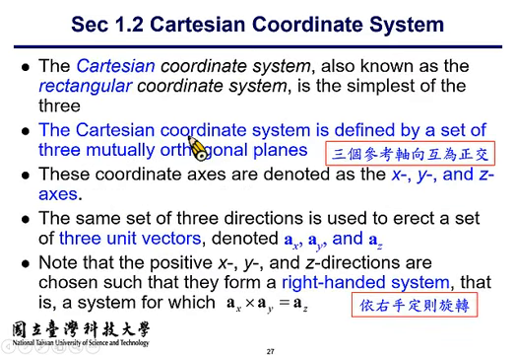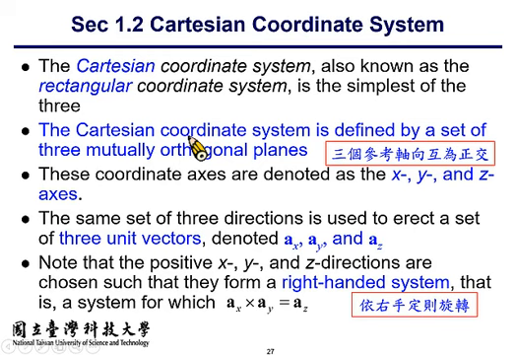And so here we see the Cartesian coordinate system is defined by a set of mutually orthogonal planes, 三个正交的平面，互为正交的平面，而这三个参考方向 x, y, and z are perpendicular to each other. And the so-called unit vectors, the 3 reference unit vectors, are labeled as ax, ay, and az.